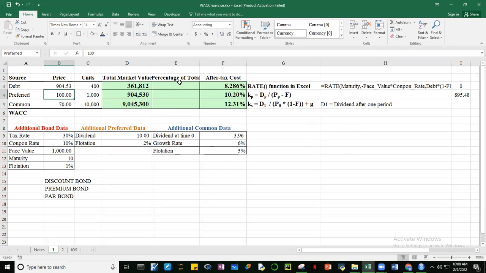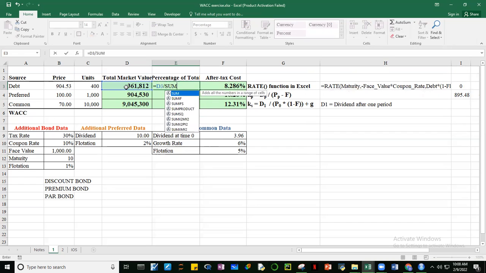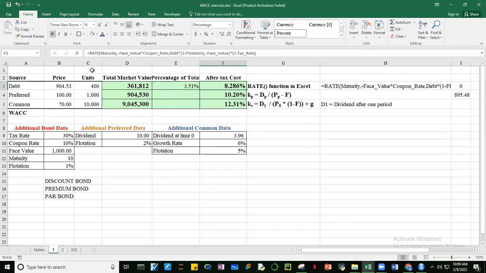Okay, and then the percentage, how do we get the percentage? Ang long cut, sum natin to, tapos kukunin natin yung proportion. But the shortcut could be this divided by the sum of this. Tapos we're going to fix the row. Tingnan natin to.